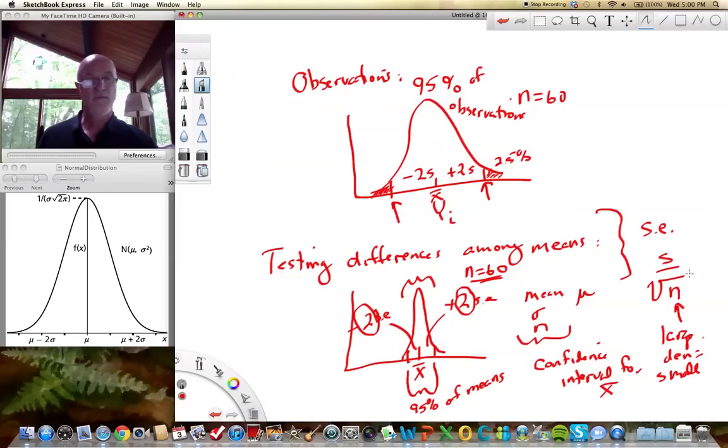As n gets large, the denominator gets large, and therefore 1 over the denominator is small. So our standard error gets smaller the larger n is.